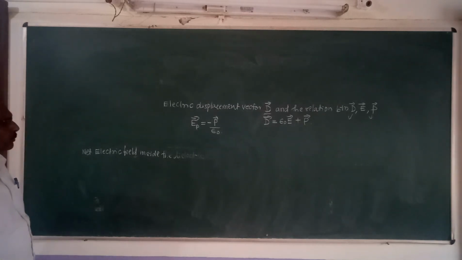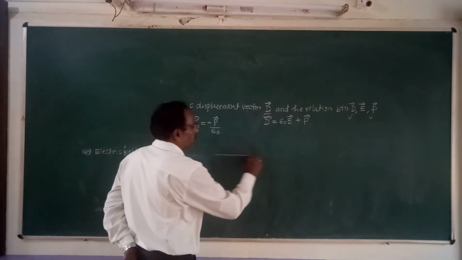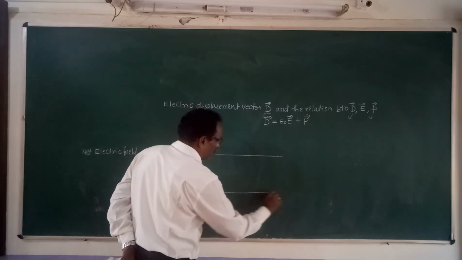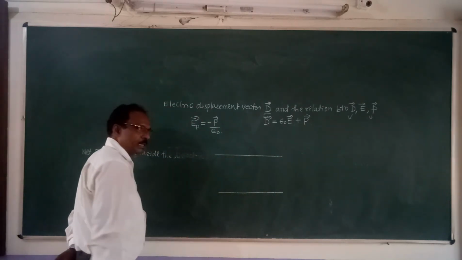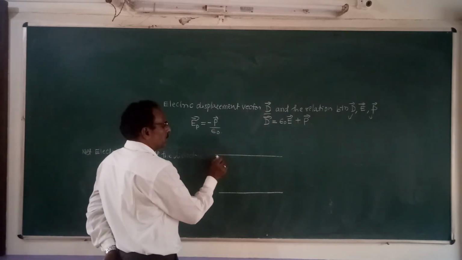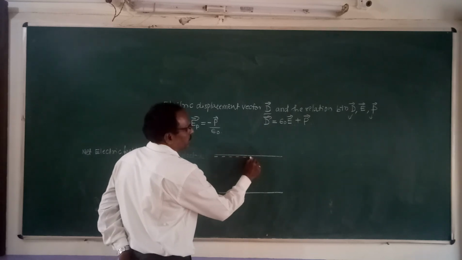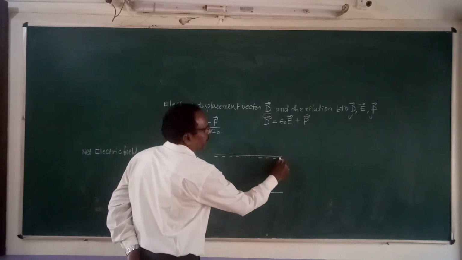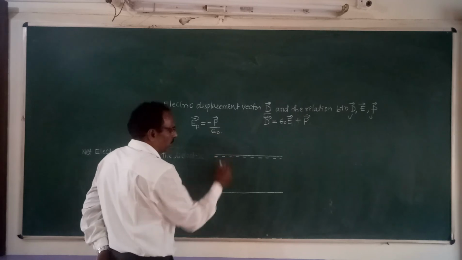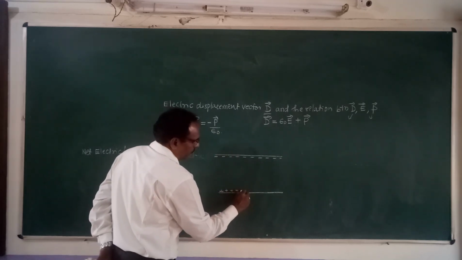Now the net electric field inside the dielectric. Imagine I have a parallel plate capacitor. These are the two plates of the parallel plate capacitor. One is positively charged, and say this is negatively charged.